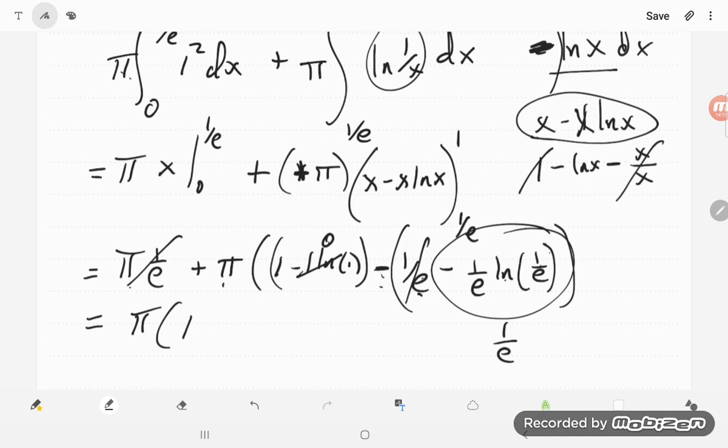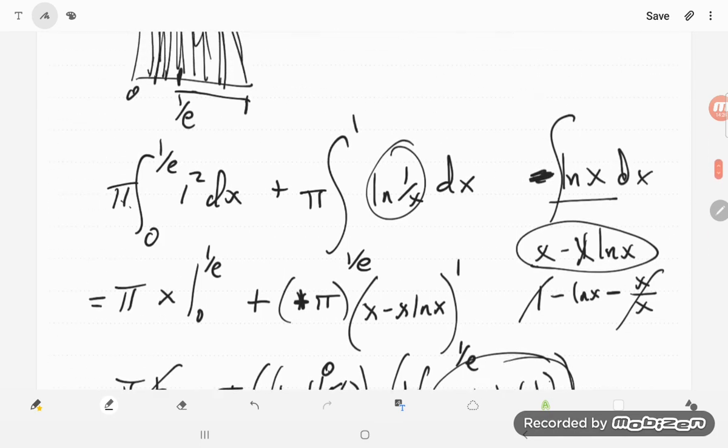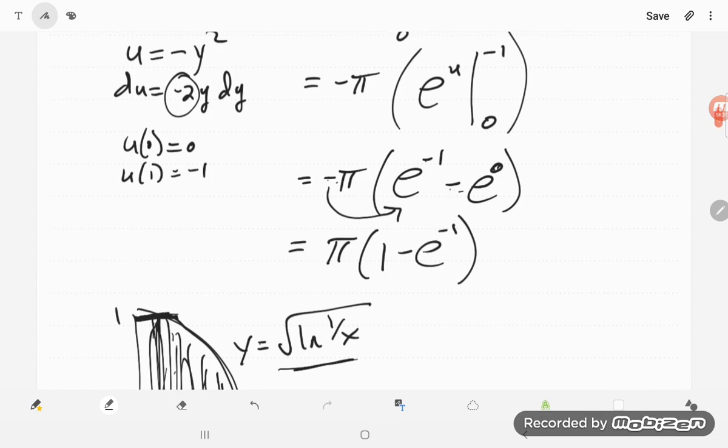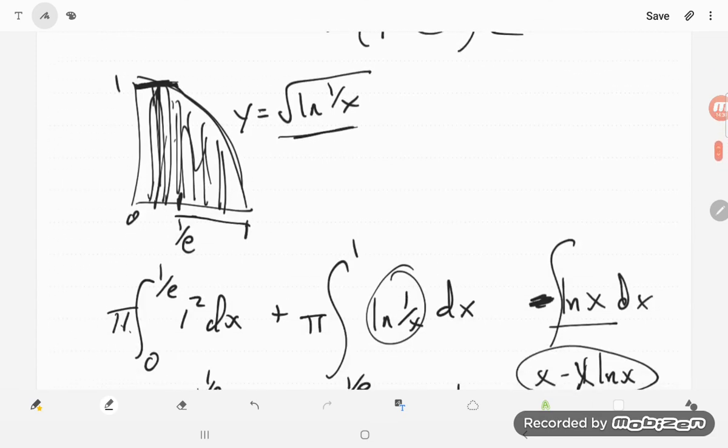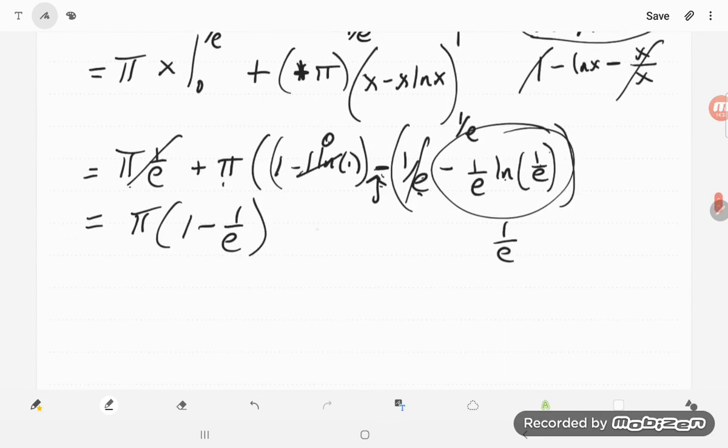And there's a minus still. So we get minus 1 over e. And so there was the disk method, and it gave us the same answer as the shell method. Okay, so that's an elongated version of example 2.